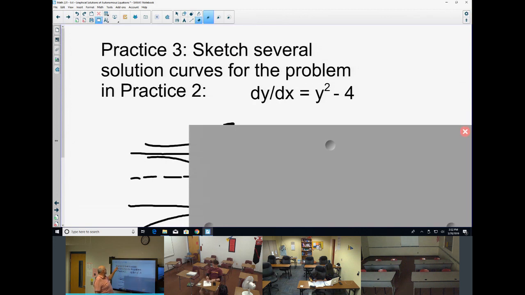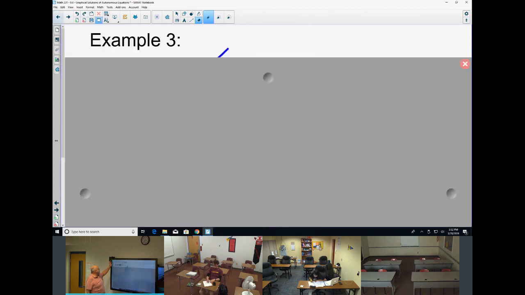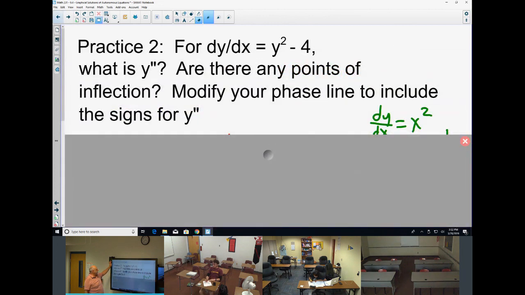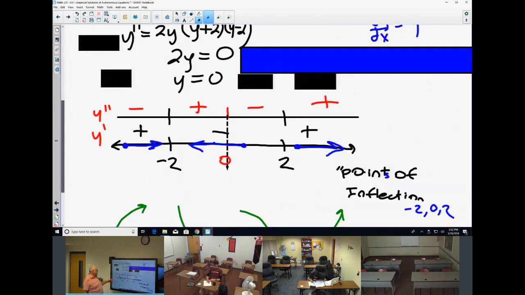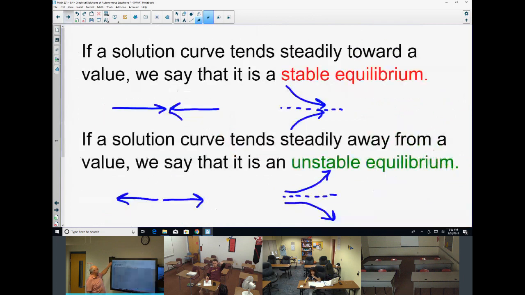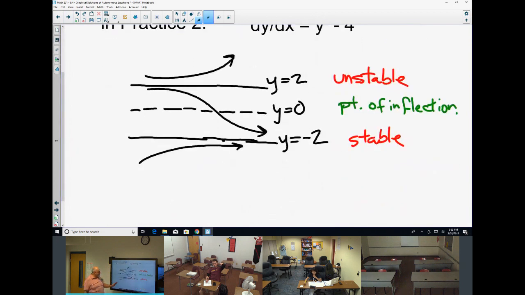Okay, so this is what I got. Basically I'm looking at the sign chart. Okay, back over here. And so the first area, from negative infinity to -2, was increasing concave down. So you make this bottom part increasing concave down.